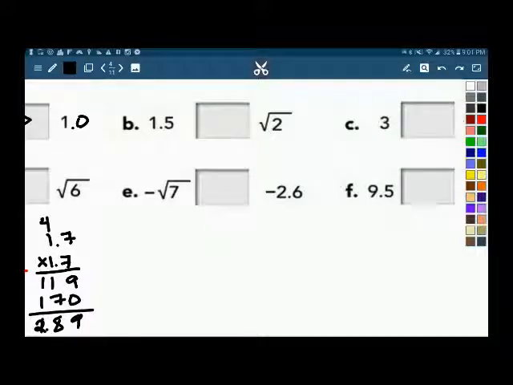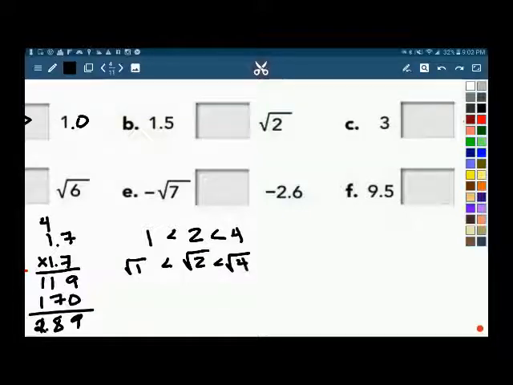We're supposed to be comparing 1.5 to the square root of 2. So let's do this again. I want to compare 2 to be between what two perfect squares? That's 1 and 4 again, which means the square root of 2 is also between the square root of 1 and the square root of 4.